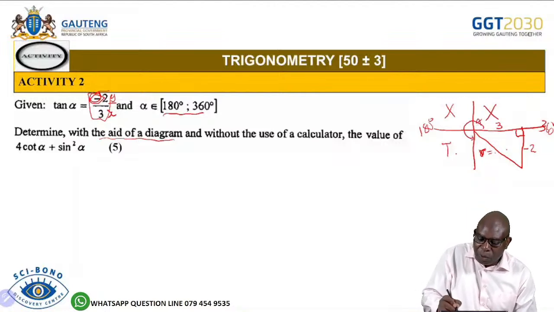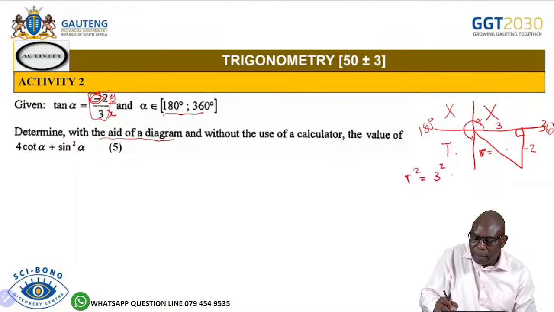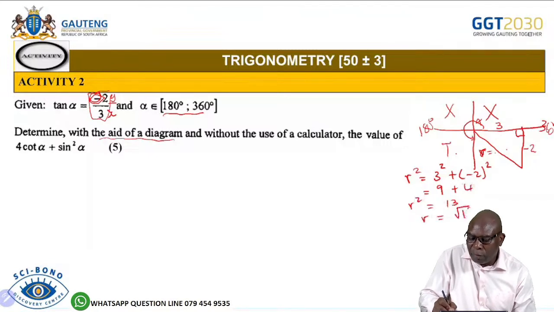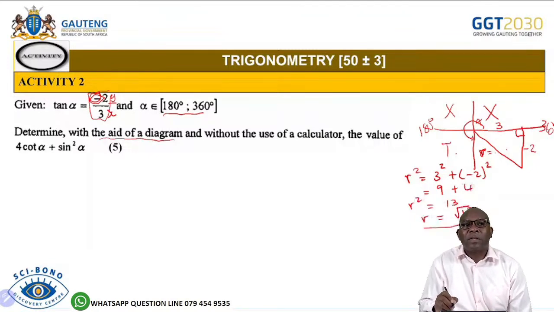So now I'm going to say r squared will be equal to 3 squared plus -2 squared, of which I'll get 9 plus 4, which is 13. So r squared is 13, but I need the value of r, which is the square root of 13. So I'll have this.